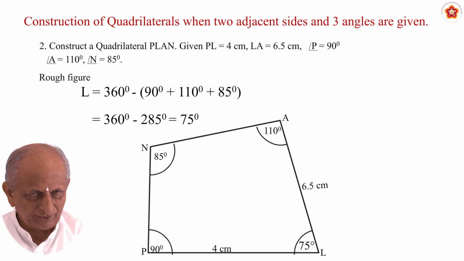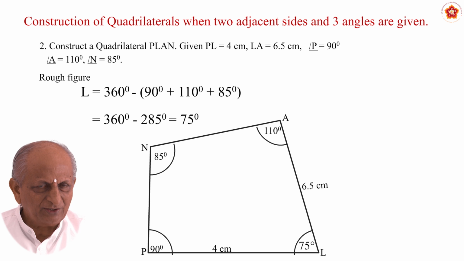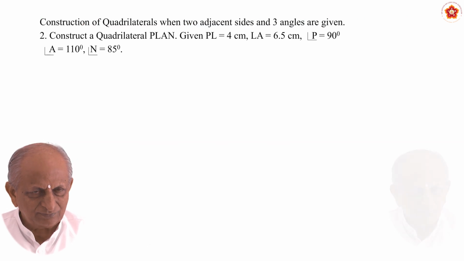So add all those things. It becomes 285. What is the sum of all the angles of a quadrilateral? 360 minus 285. How much does it come? 75. So angle L becomes 75 degrees. Okay? With this knowledge, let us try to construct.